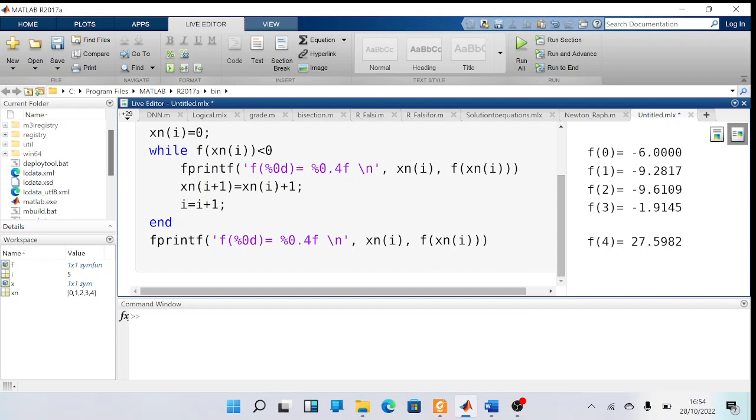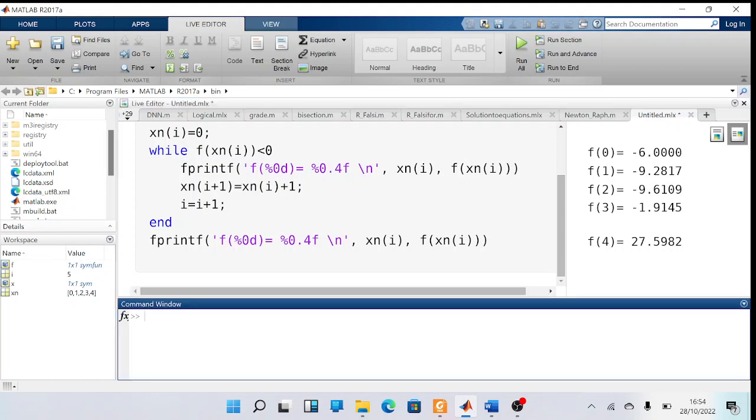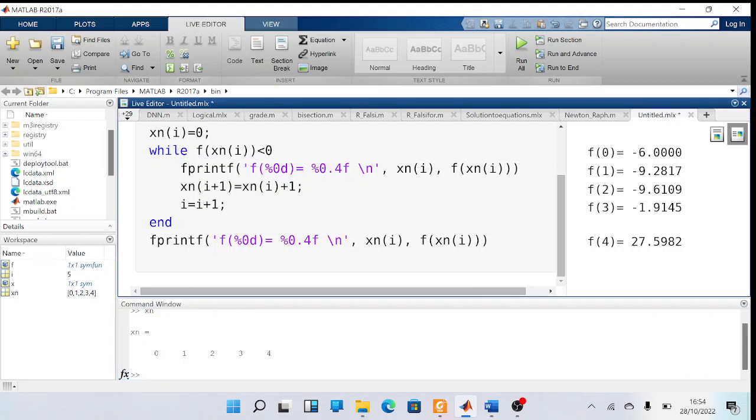This one generates those values and then stops at a point when xn, you can see xn here. If I type xn, it has increased from 0 to 1, 2, 3, up to 4. So the idea is to set a equal to 3 and b equal to 4.